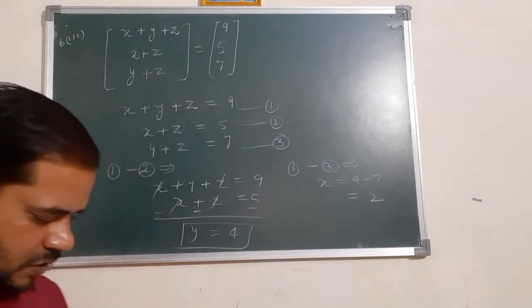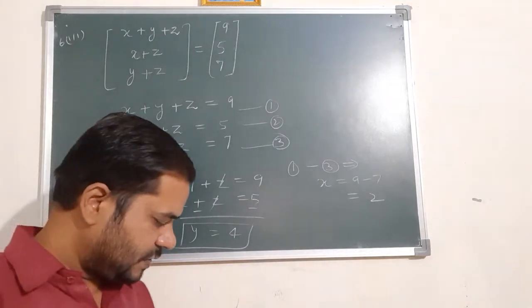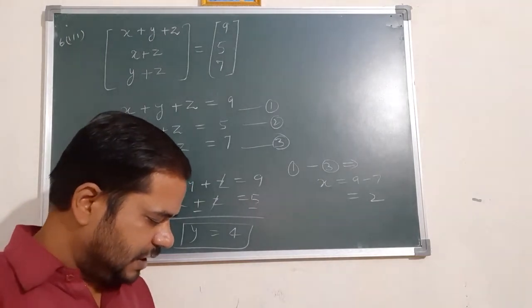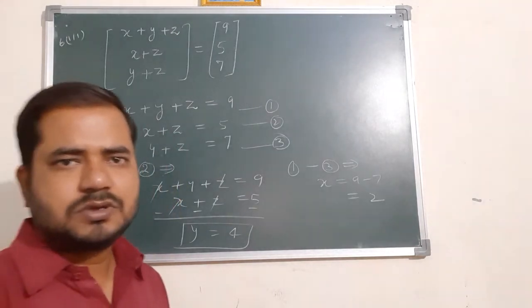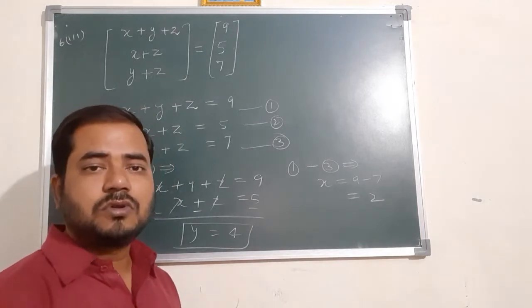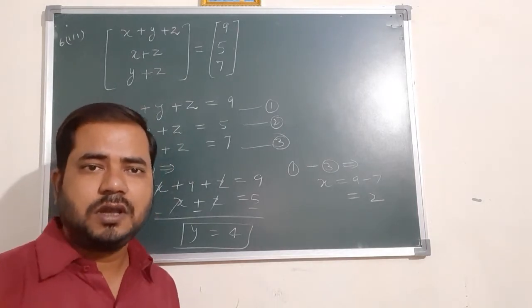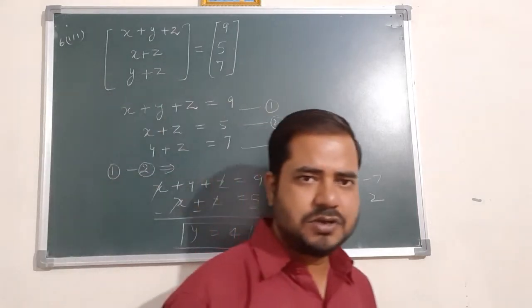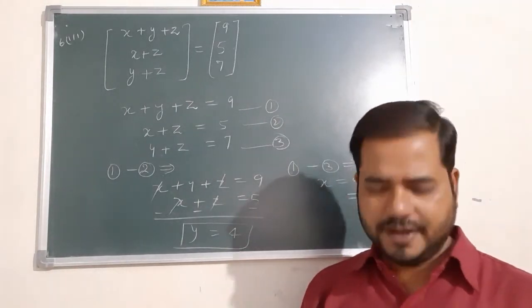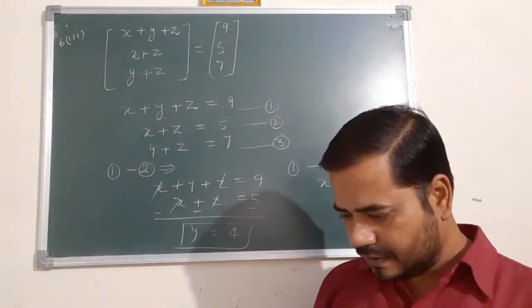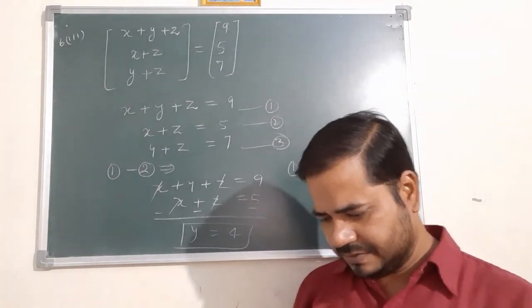So the 7th question is, find the value of A, B, C and D from the equation. This is also the same as this question, because we again have equality of matrices. Understood? You can find it. Now question number 8.